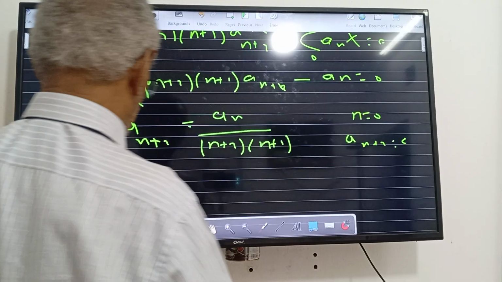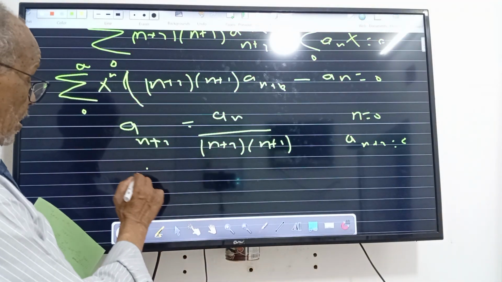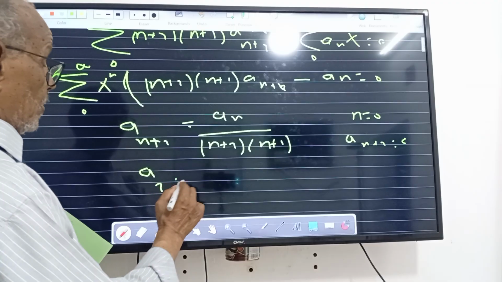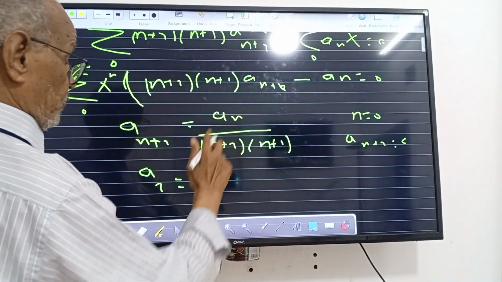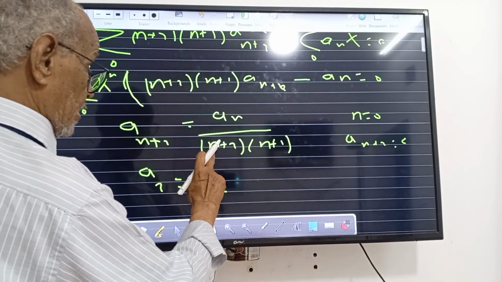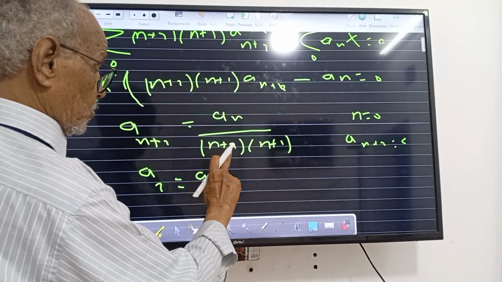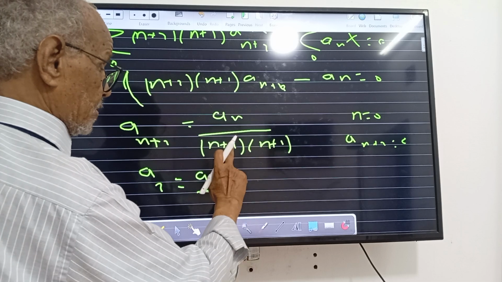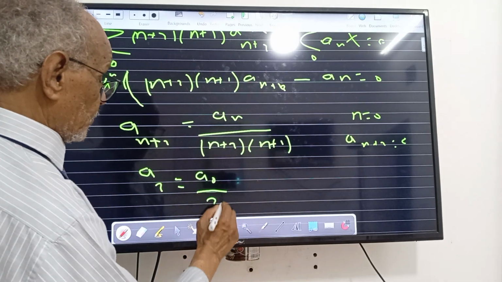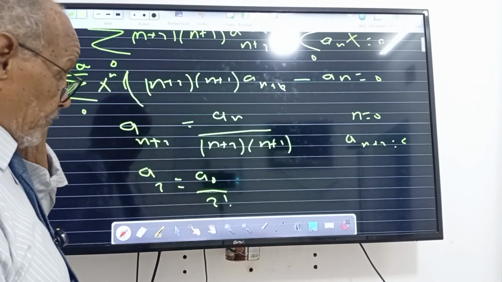So a2 equals, instead of n put 0, 0 plus 2 equals 2, that means 2 factorial. So a2 equals a0 over 2 factorial.